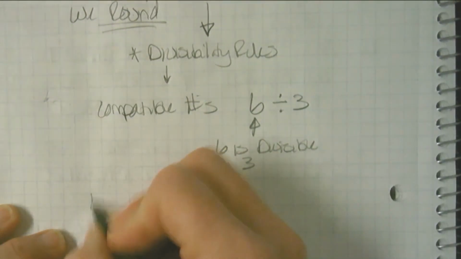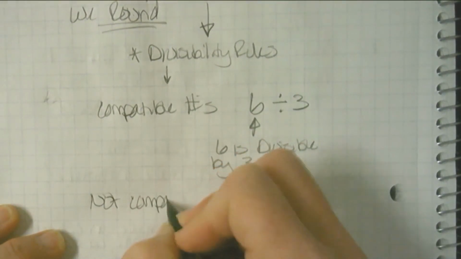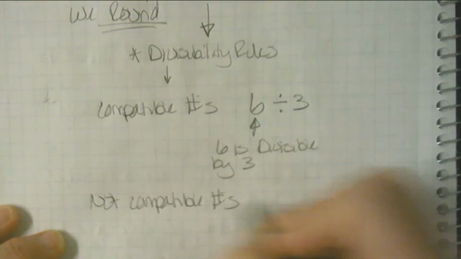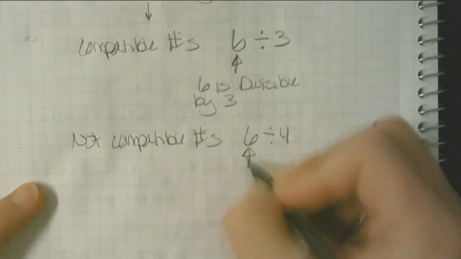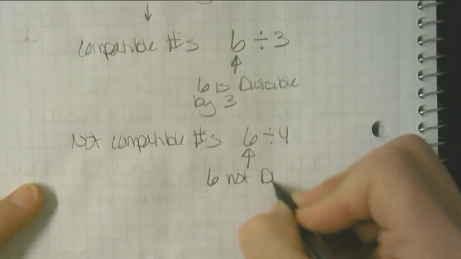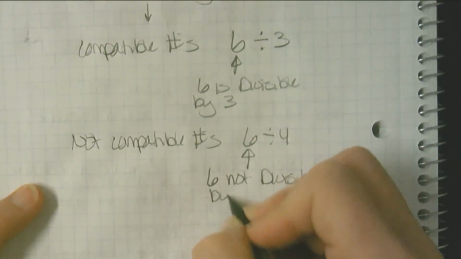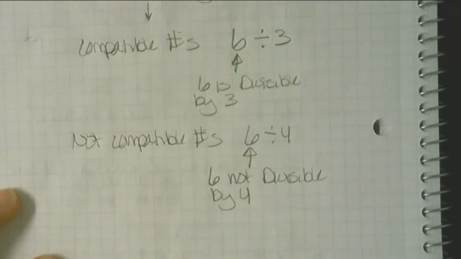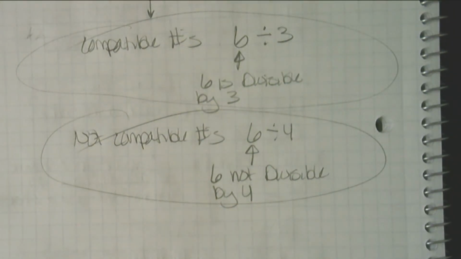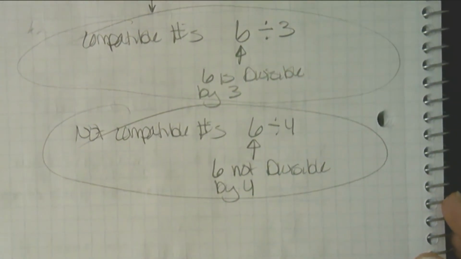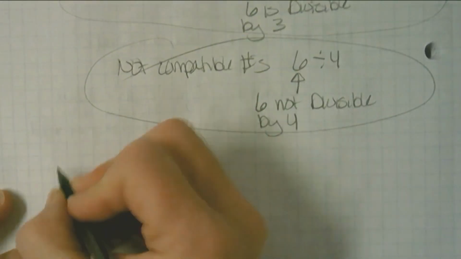If I have not compatible, that might be 6 divided by 4. 6 is not divisible by 4. They are not compatible numbers. So this is an example of compatible numbers versus not compatible numbers. I'm not saying you can't do that division, but you can't do it with mental math.